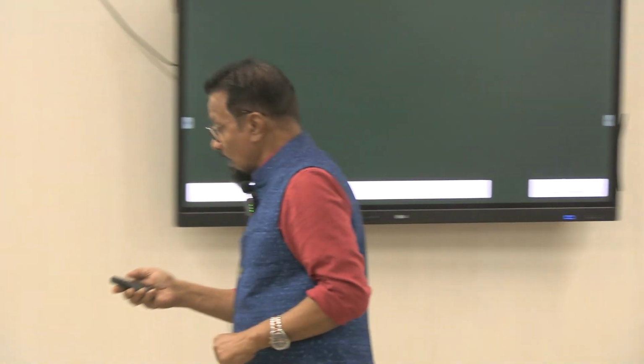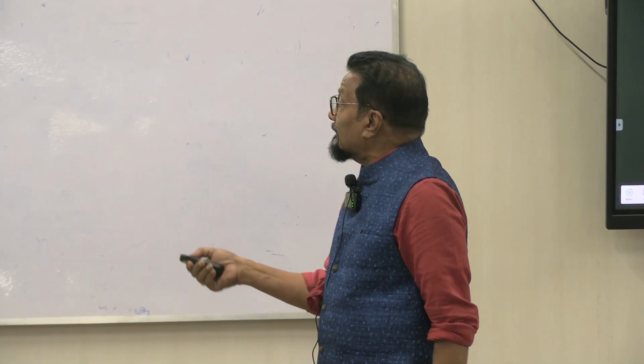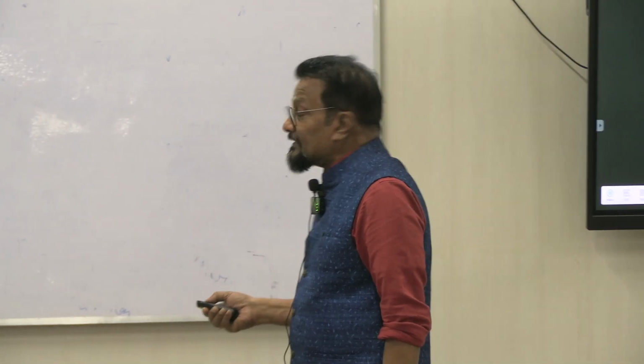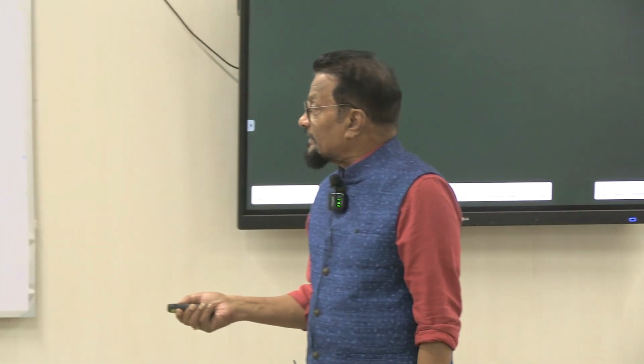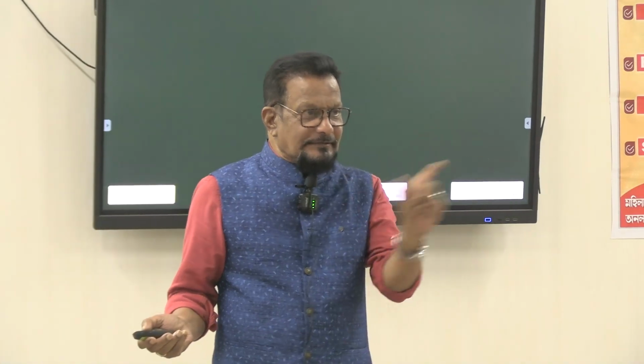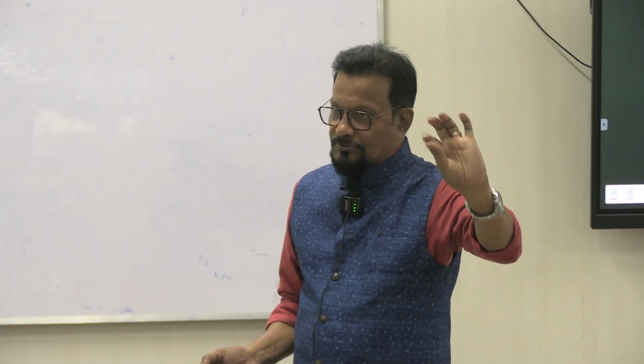So necrosis is passive. Apoptosis is an active process. A lot of enzymatic reactions will be happening. Necrosis causes inflammatory reactions, but apoptosis has no inflammatory reactions. So these are the differences between apoptosis and necrosis. It may be asked as a viva question, MCQ or short question.